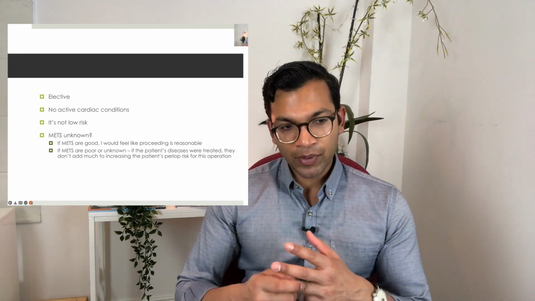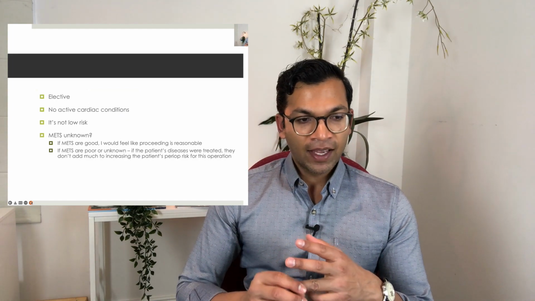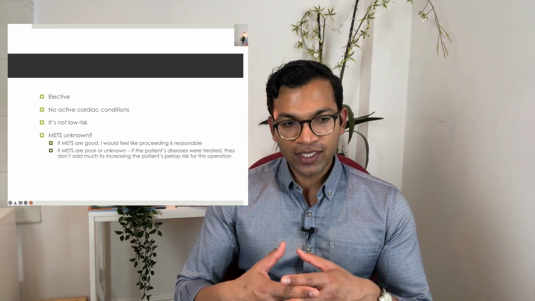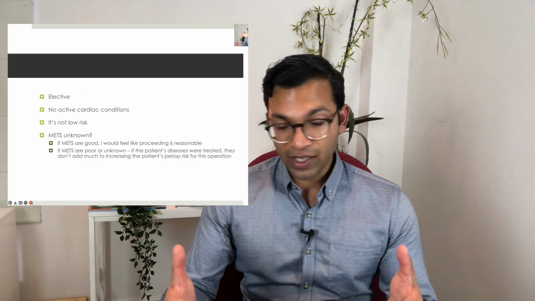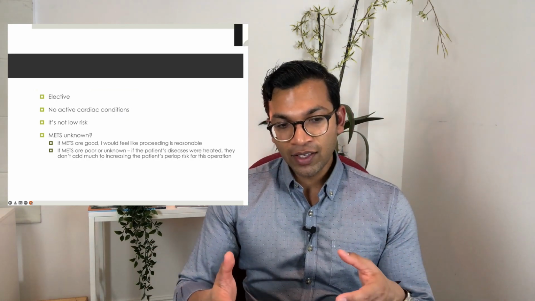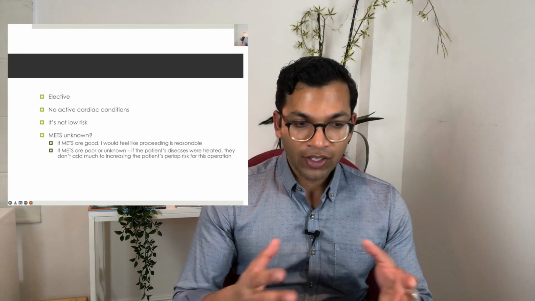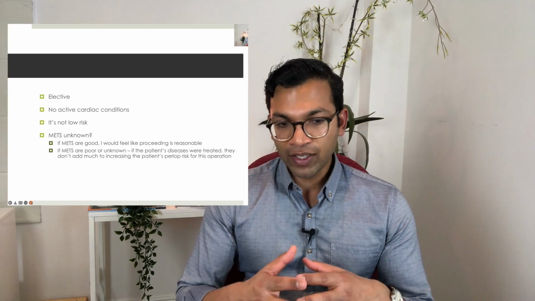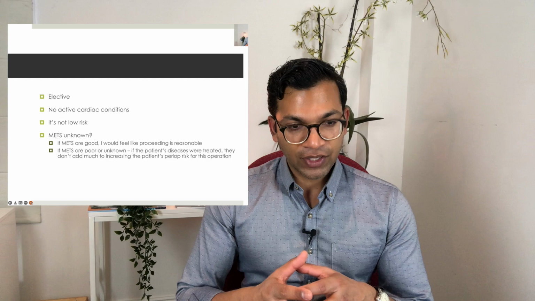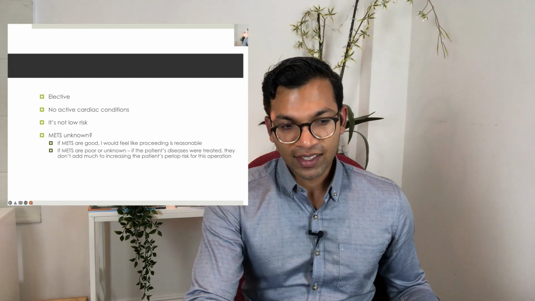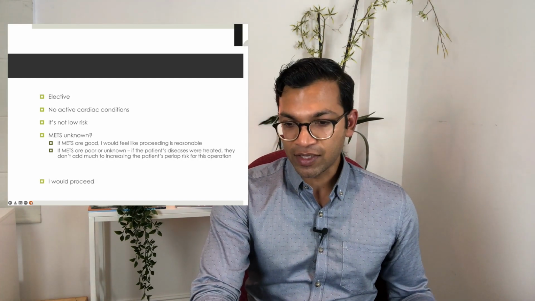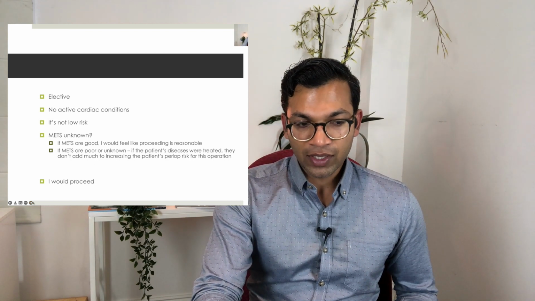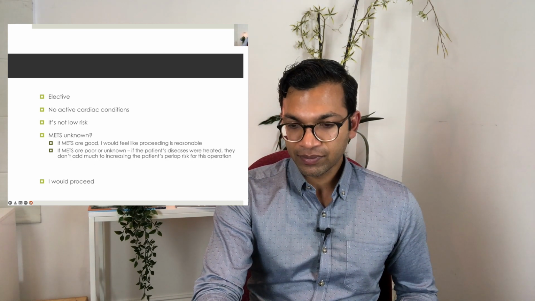It's a major operation, total hip replacement, and the METS are unknown. If you end up asking enough questions to find out the METS are actually pretty good, then you could proceed. But if they're unknown or poor, then you want to consider referring. So always err on the side of referring to get some more information, just in case, because testing might change management. I would proceed if the METS were good, but I wouldn't if the METS were bad or less than 4.